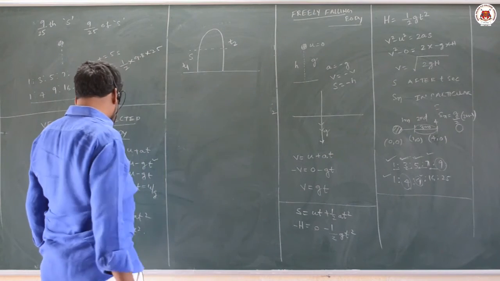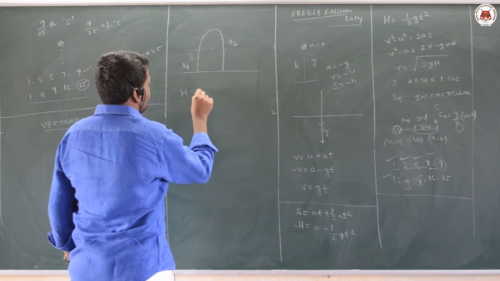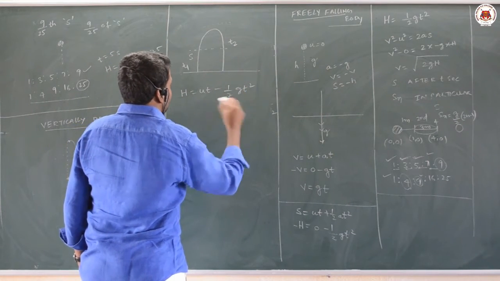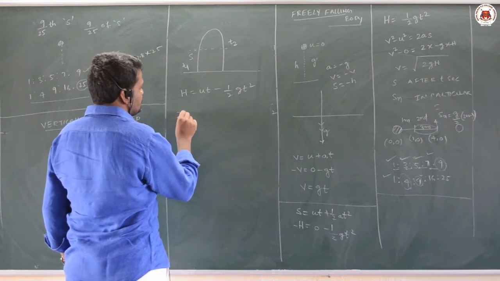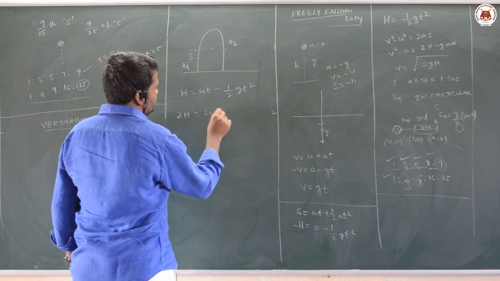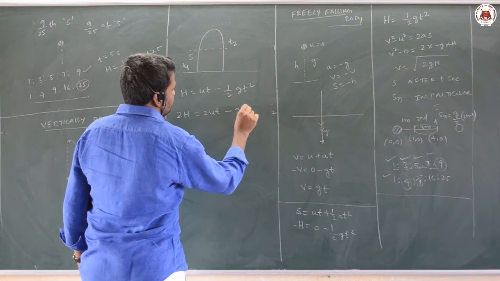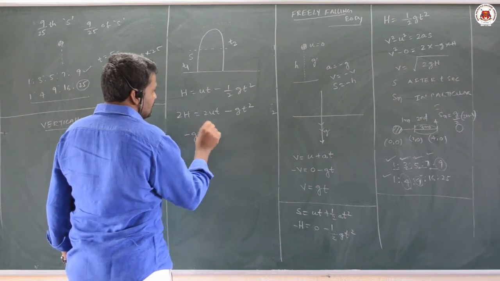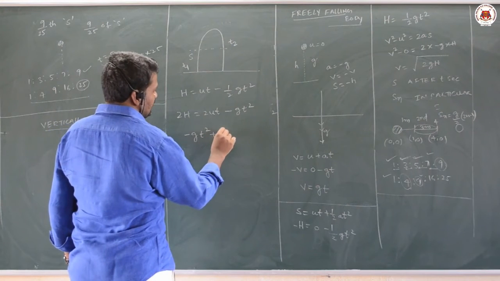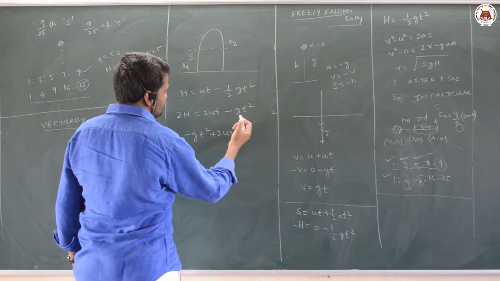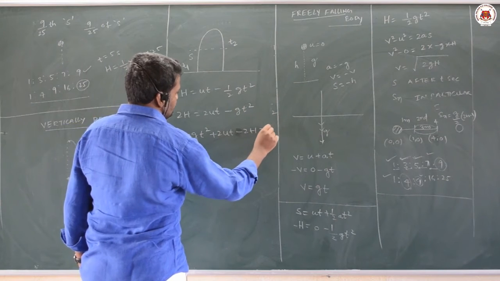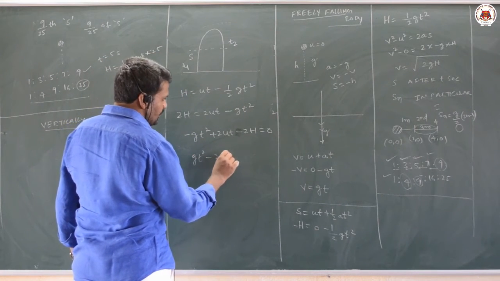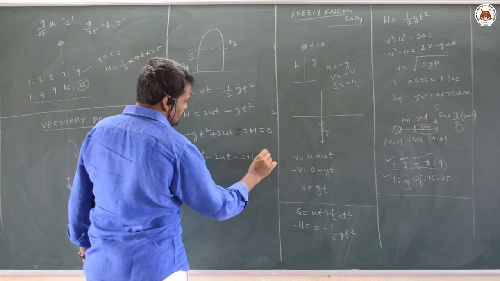So that you can understand from this equation, h is equal to ut minus half gt square. Multiply the total equation by 2: 2h is equal to 2ut minus gt square, and make it into a quadratic equation: gt square minus 2ut plus 2h is equal to 0.